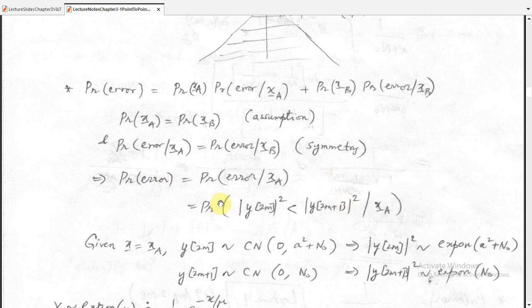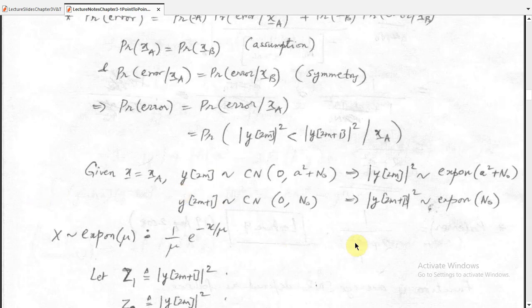Given X is equal to XA, y2m square would now have a distribution of exponential with argument a square plus n naught. Similarly, y2m plus 1 square would have a distribution of exponential with argument n naught.